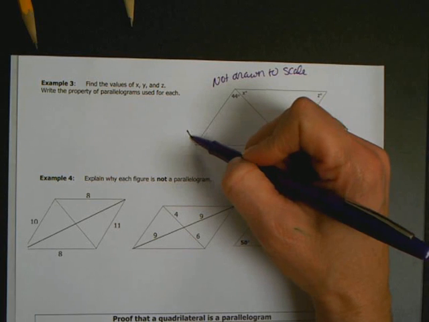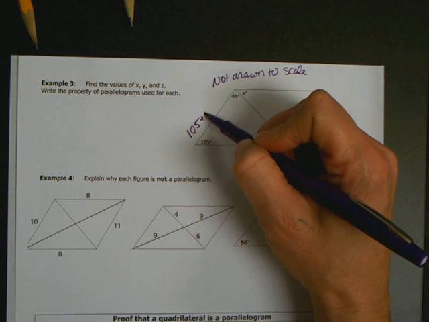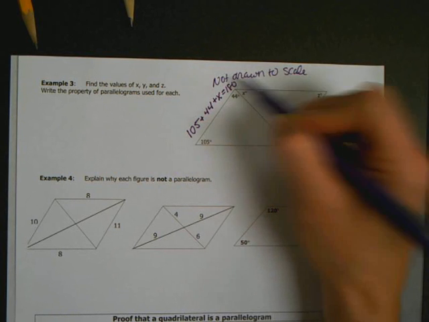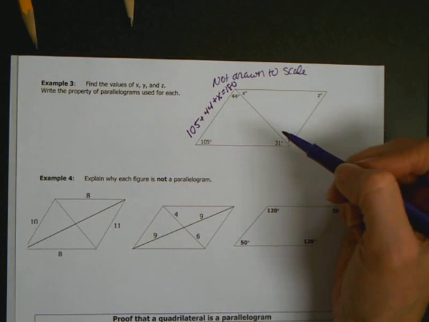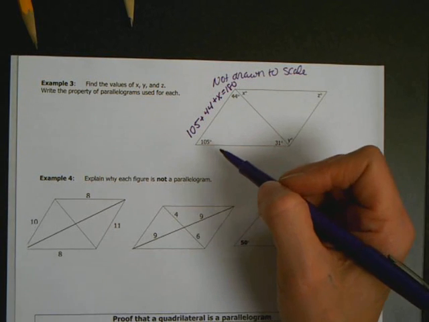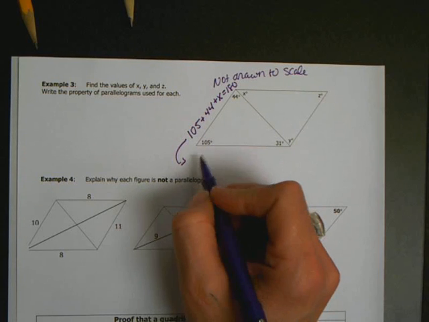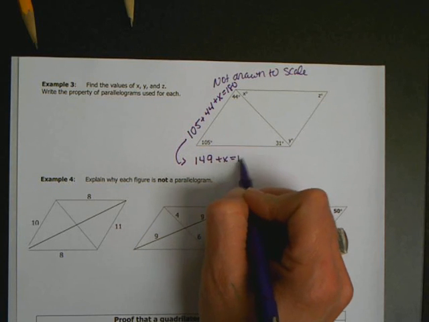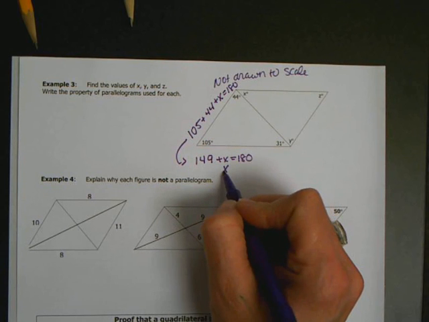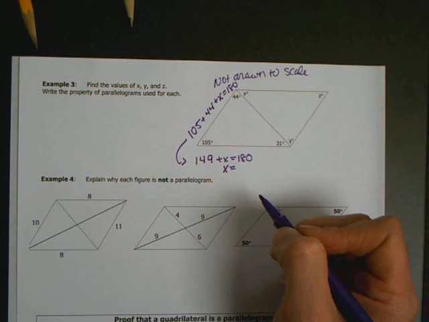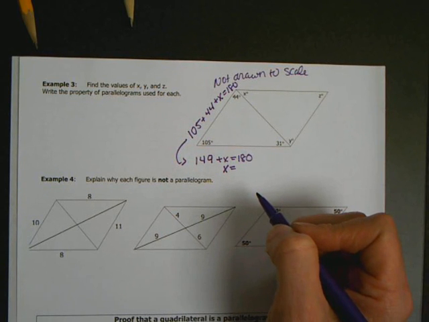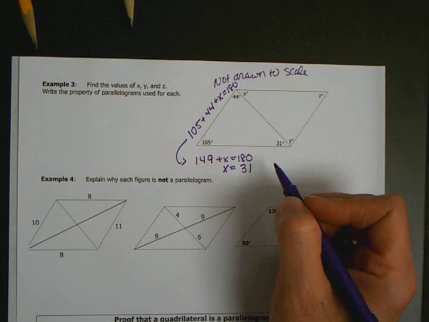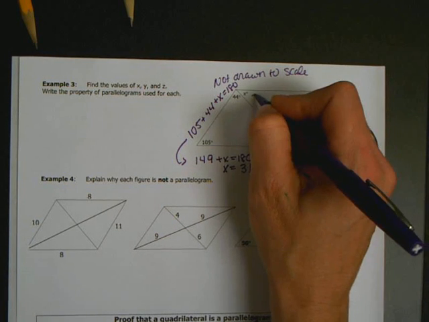So 105 plus 44 plus x has to equal 180. When we solve that, you've got 149 plus x equals 180. Subtract 149 from each side and you will get 31. So x would have to equal 31 degrees.